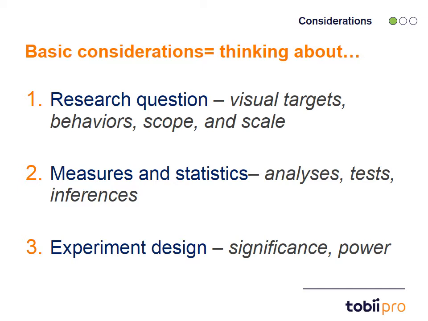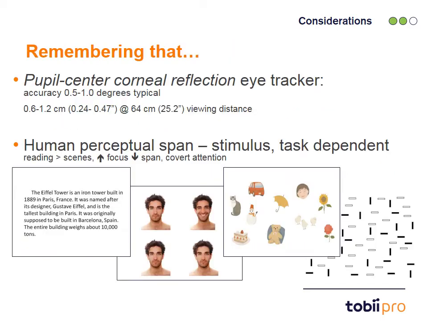However, there is a visual component that we'll need to think about now, since eye tracking involves visual paradigms. And we're going to keep in mind those basic considerations. But remember that we have some other factors that reflect on and limit, in some cases, what we can do in our studies.